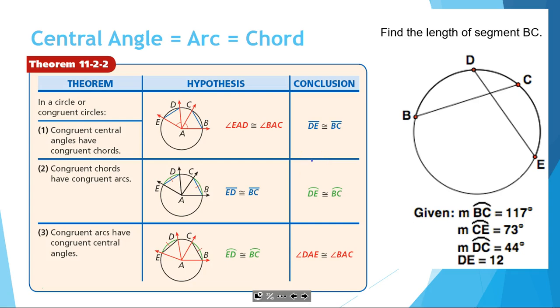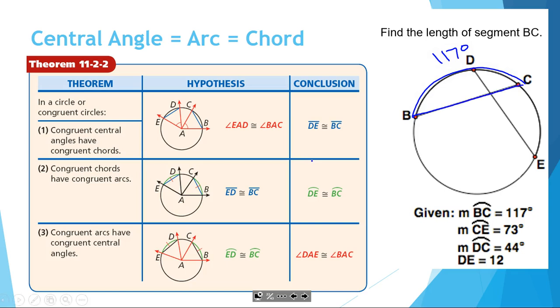On this problem, it asks us to find the length of segment BC. It tells us down here that arc BC is 117 degrees. Well, I see that arc BC maps to that chord.